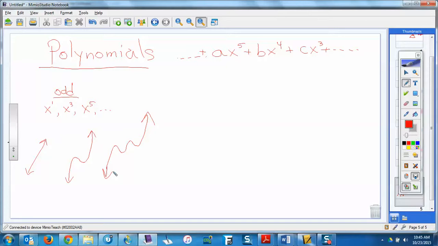It flips around the x, because that's like a negative on the outside, and when it's on the leading coefficient, it flips vertically, and so the tails go the other way. Normally the tails go from down on the left to up on the right, but if you have a negative leading coefficient, it flips. The range of those is always all reals, and the domain is always all reals. You can always put anything in. They're continuous, no breaks.